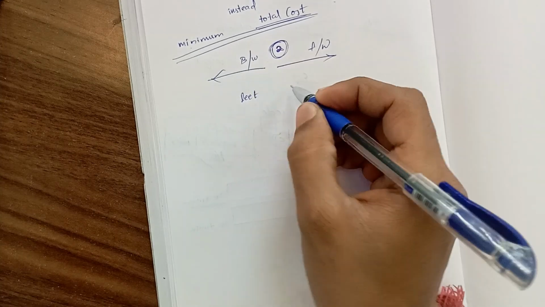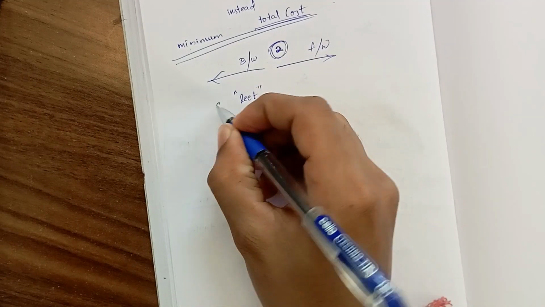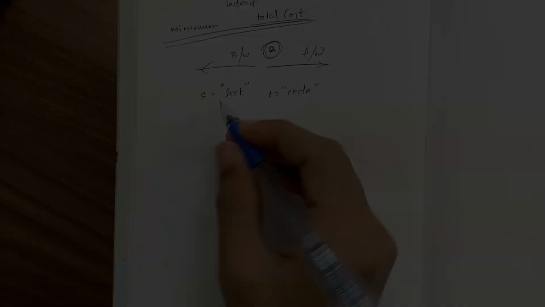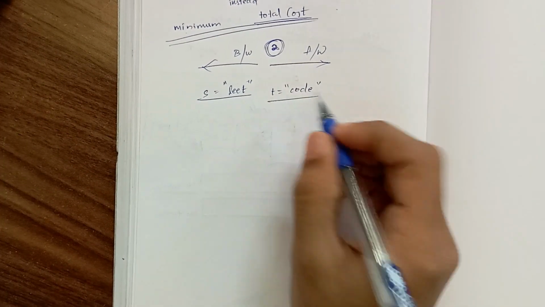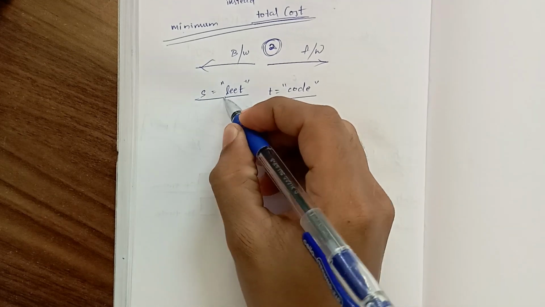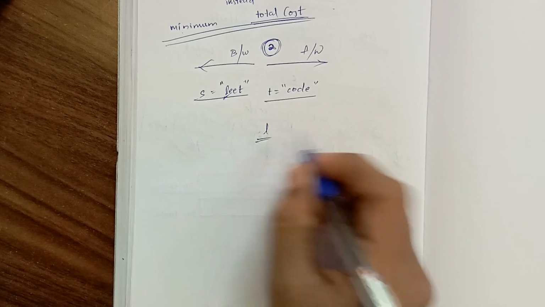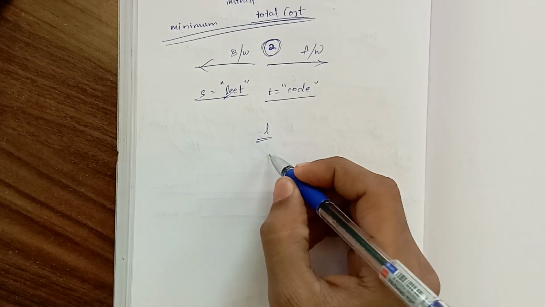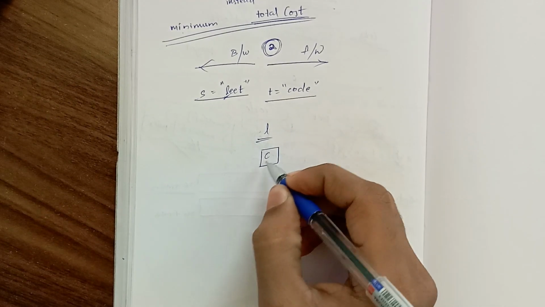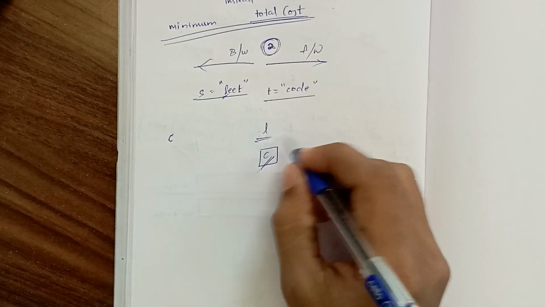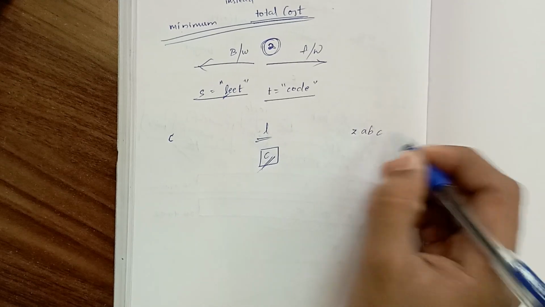Let me take an example. Here we are given leet as string S, and code is the target string. Let me consider L, and here the target character we need is C. After Z there will be C here.